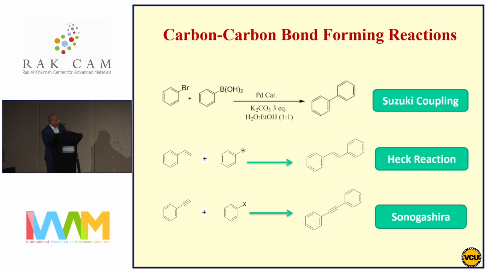You can see the example of bromobenzene and boronic acid forming biphenyl. If the coupling is through a double bond, that's known as the Heck reaction, and you can see bromobenzene with styrene. And if the coupling is through a triple bond, that's the Sonogashira reaction, which is phenylacetylene here with iodobenzene, and sometimes also chlorobenzene.